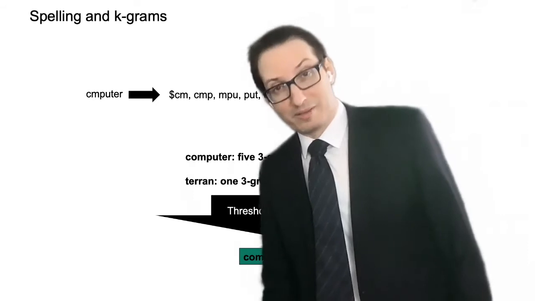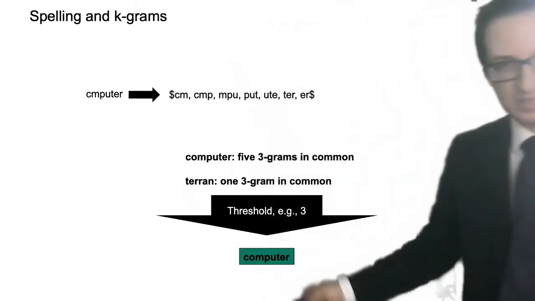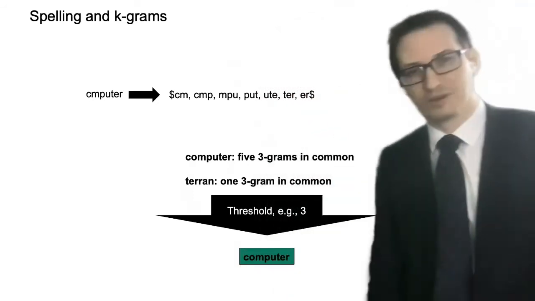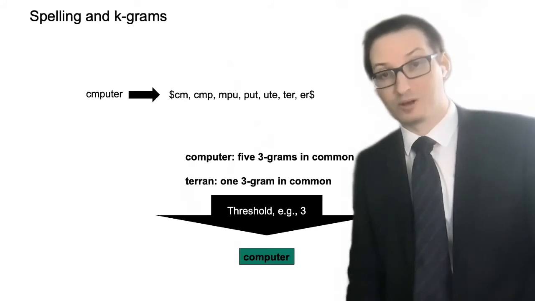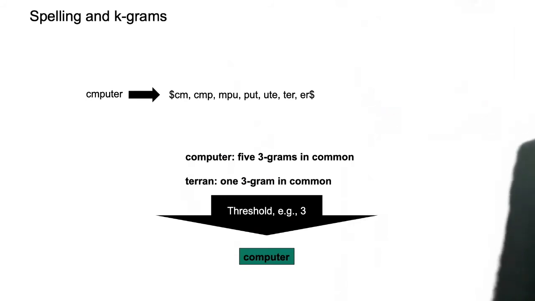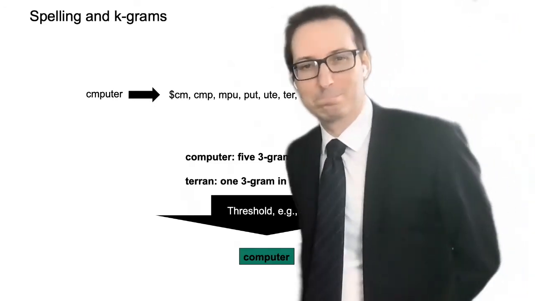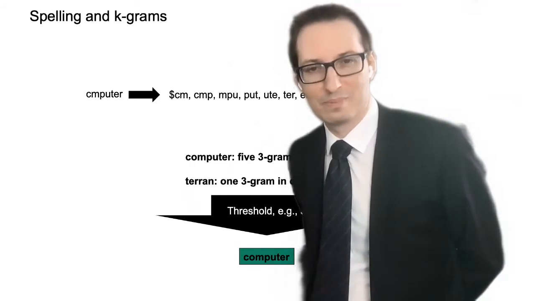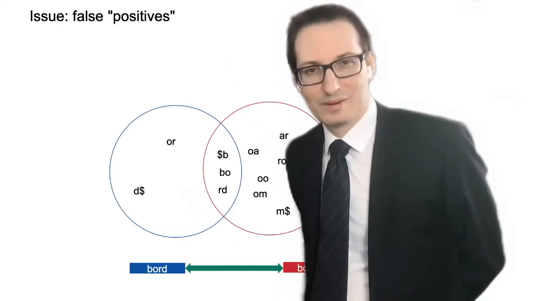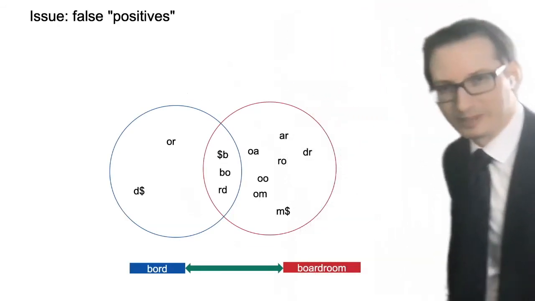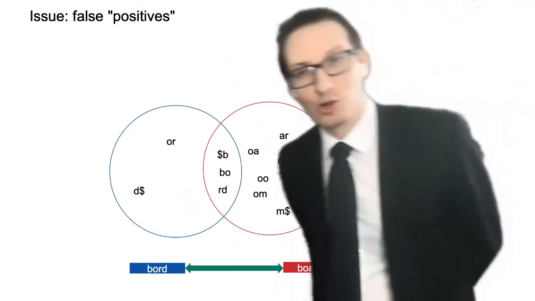What is the problem with that? If we just have this absolute threshold on the number of k-grams in common, do you see any problem? Okay, let me show you then. You just need to take longer words.